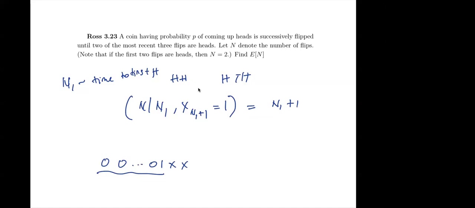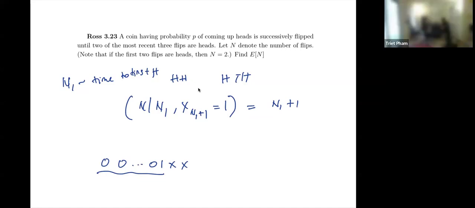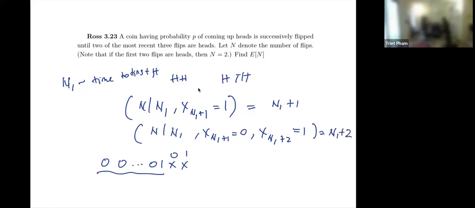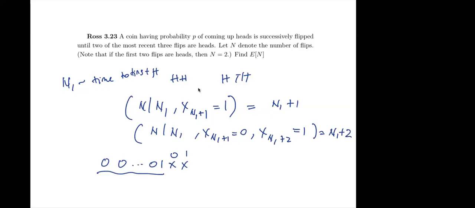Yep. All right. So obviously then we just have to look at the case when it's equal to 0. Now, what you said: if the next one is 1, so 1, 0, 1, then that will be N1 plus 2. Agree? Yeah.